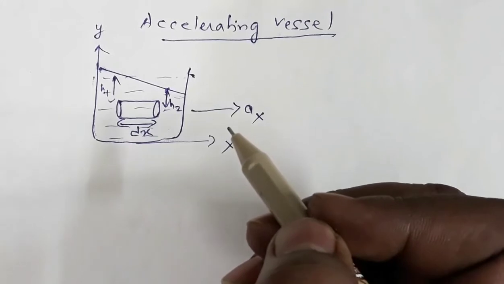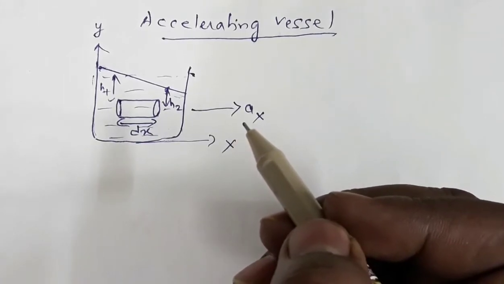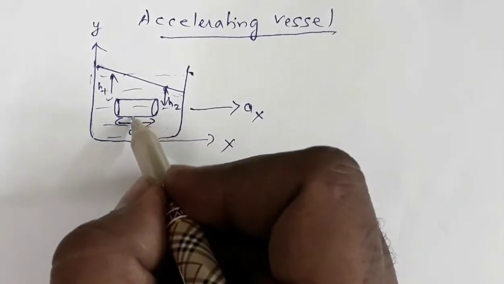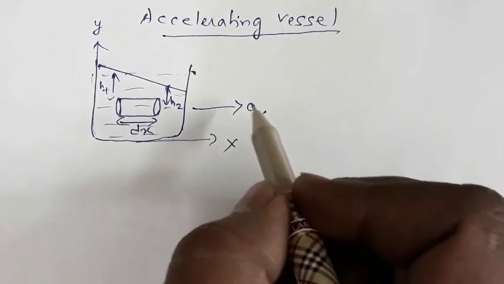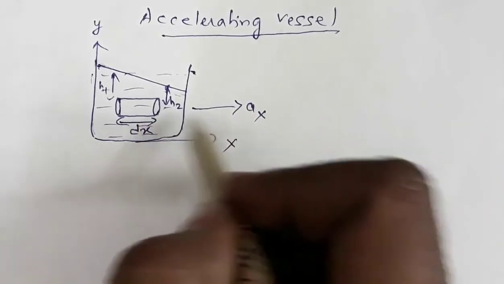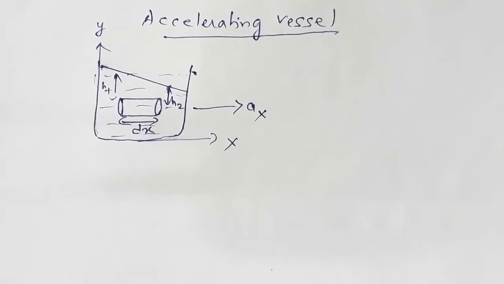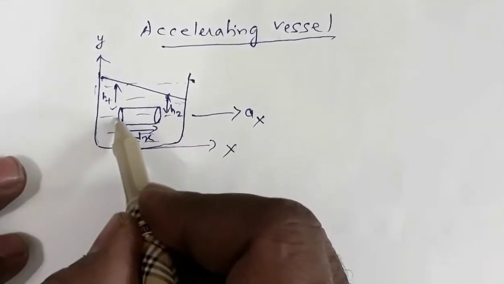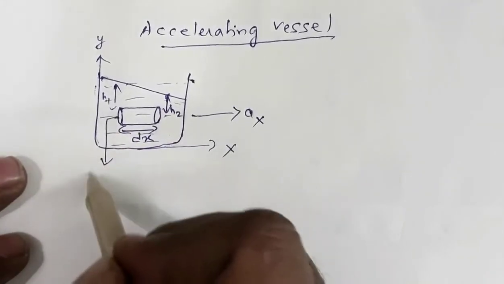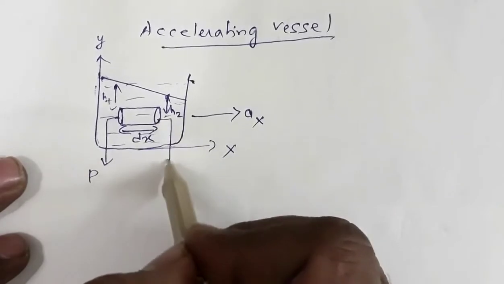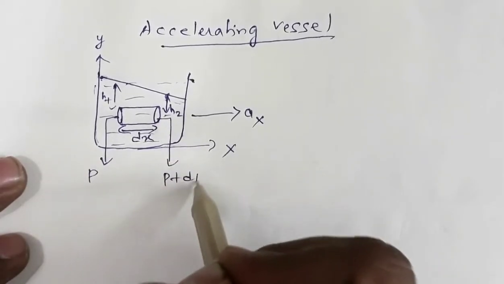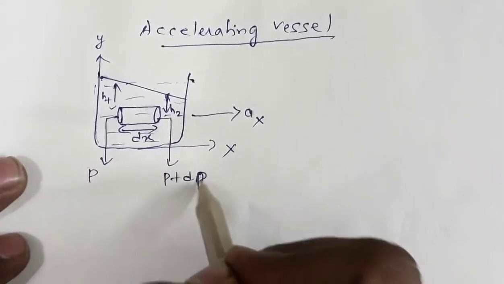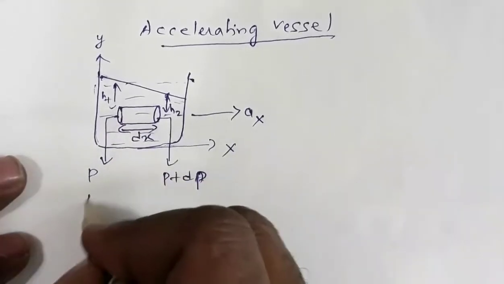Now this system is accelerating in this direction. So if the system is accelerating in this direction, let's apply Newton's law of motion. Suppose pressure on this part is P, pressure on this part is P plus dP. Cross-sectional area is A.